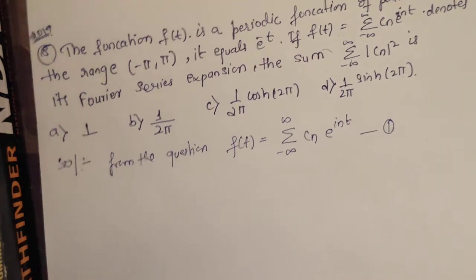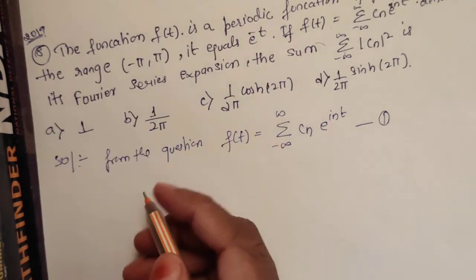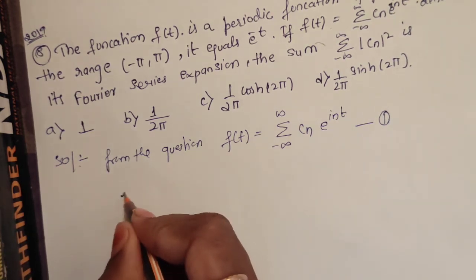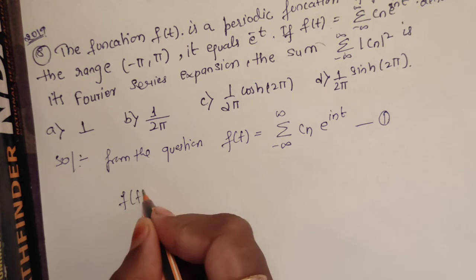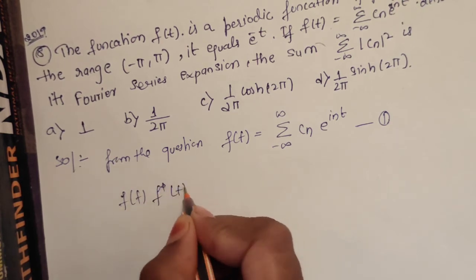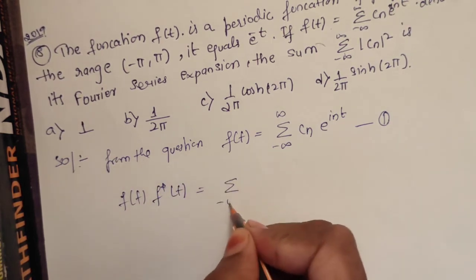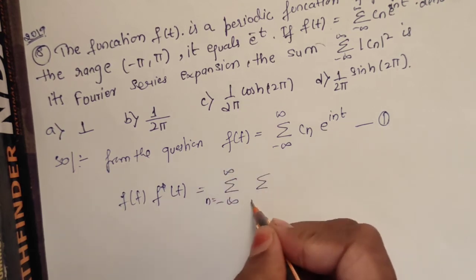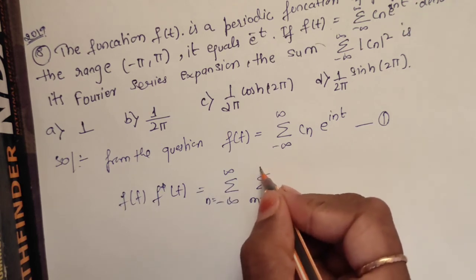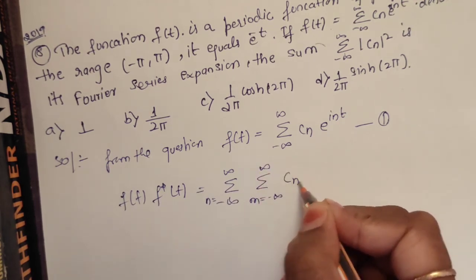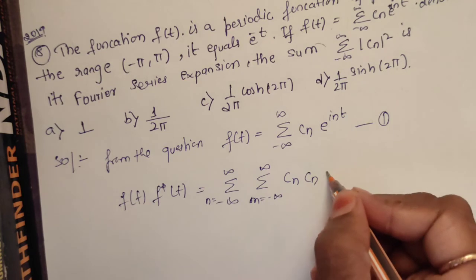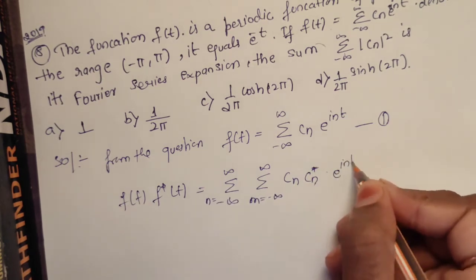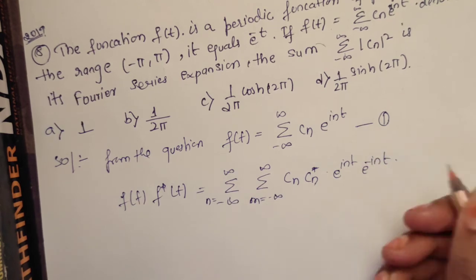Okay, now taking the complex conjugate of the above equation 1, the equation will be reduced to f star of t, the complex conjugate, which will be summation from minus infinity to plus infinity of Cn star e to the power of minus i n t.